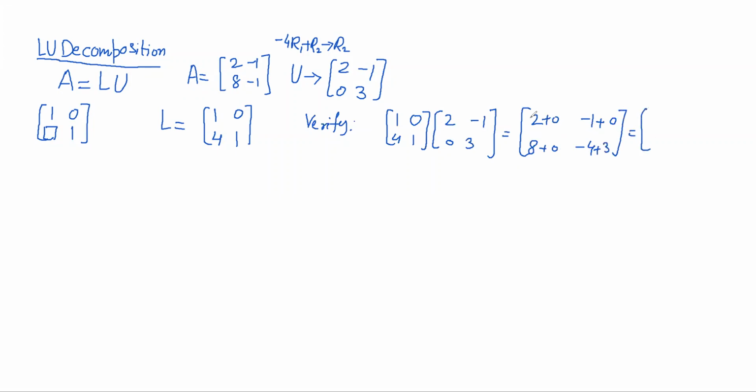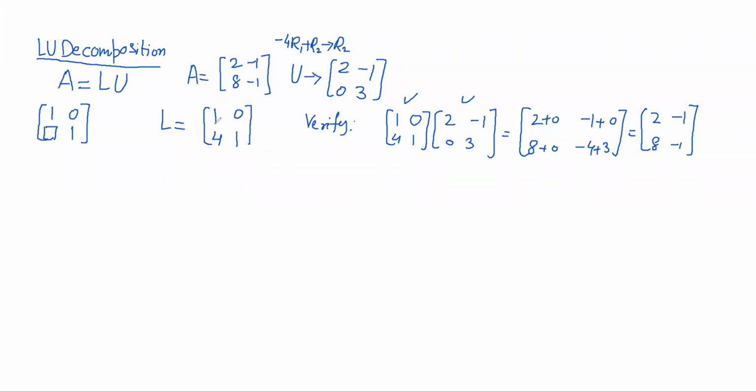So it will be 2, minus 1, 8 and minus 1. So it was the original matrix 2, minus 1, 8, minus 1. That means our process for decomposing this 2 by 2 matrix into L and U components is correct.